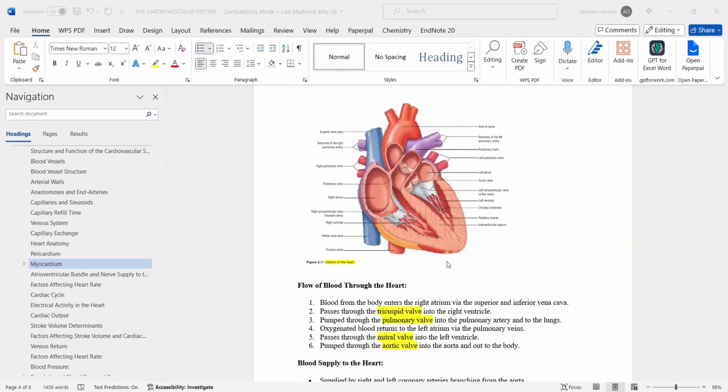From the right ventricle, it goes to the pulmonary artery. From the pulmonary artery to the lung. From the lung to the pulmonary vein. From the pulmonary vein to the left atrium. From the left atrium to the left ventricle. From the left ventricle to the aorta. Yeah, perfect. Apata Victor. Perfect. Good one.